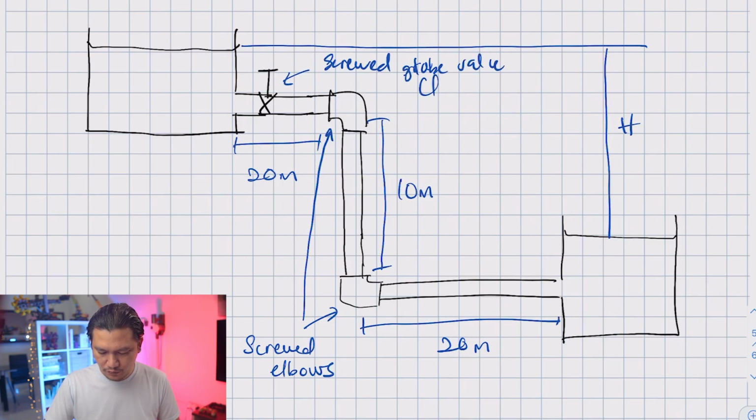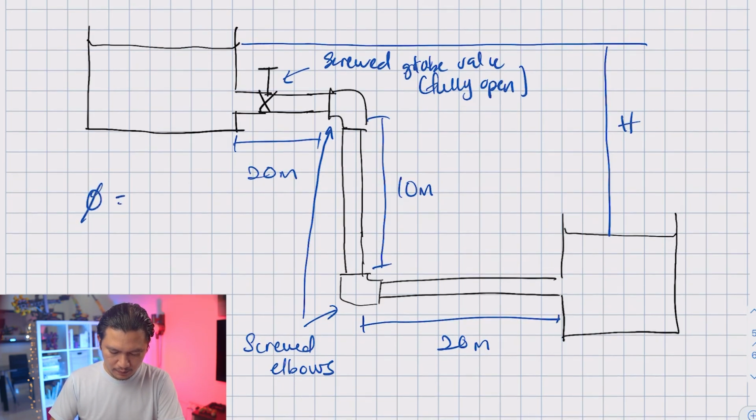And this valve is fully open. And the diameter of this pipe is 100 millimeters. So all the pipes used in this problem have a diameter of 100 millimeters. And the material is wrought iron.